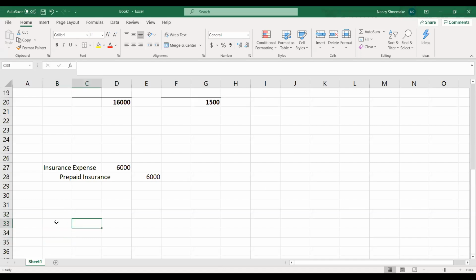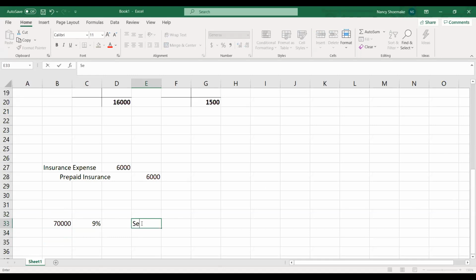Okay, so if we borrow 70,000 at a 9% interest rate, and this was borrowed on September 1st at 9%, okay?